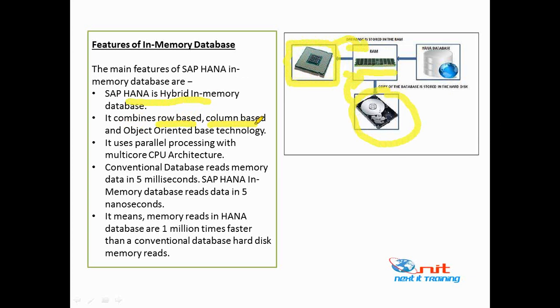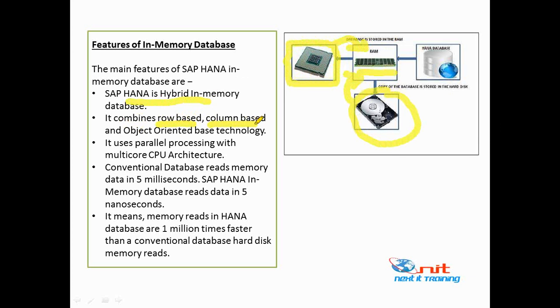These things come under software innovation. So the hardware innovation is the multi-core processors and increasing RAM size. Then software innovation: the data will be stored in row storage and column storage, and some other additional things we'll see like data compression, and indexing will be completely different here.